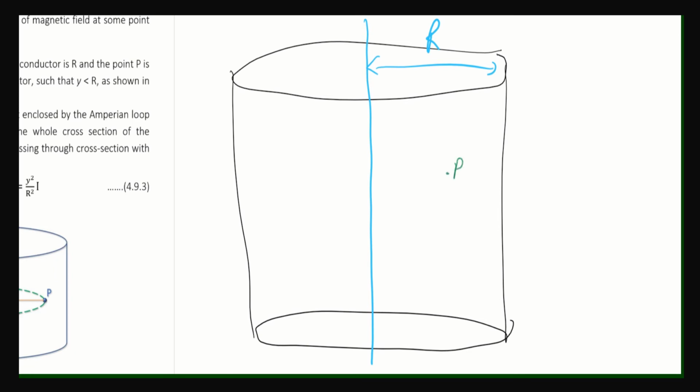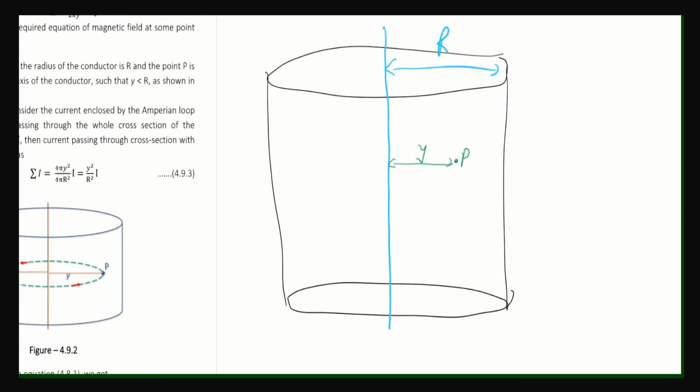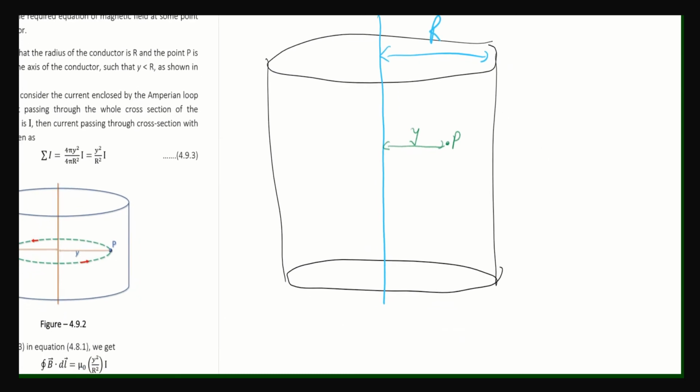Let it be here, again at y distance. Now in this case, we know that the current passing through the wire is I, but what we are concerned with is the current through the Amperian loop. We are not concerned with the total current. How much current is passing through this part? We are concerned only with that.